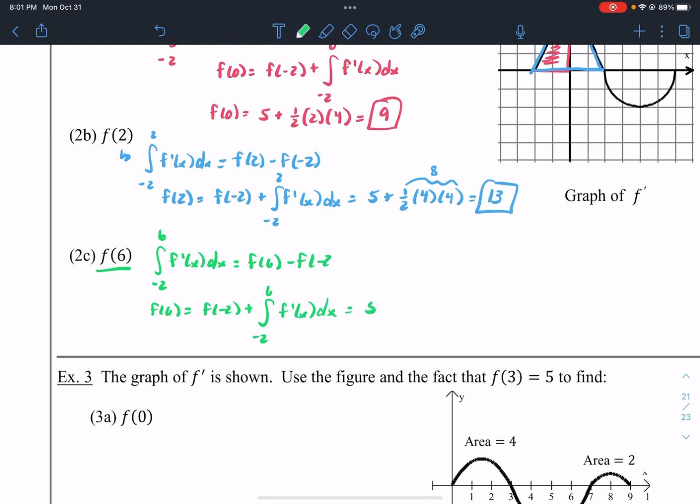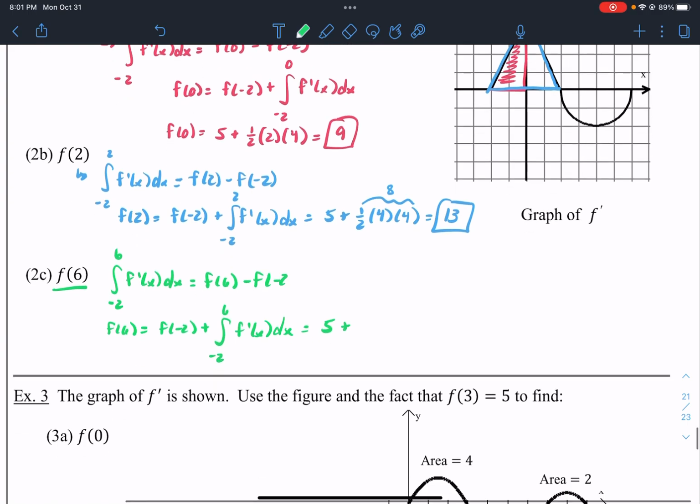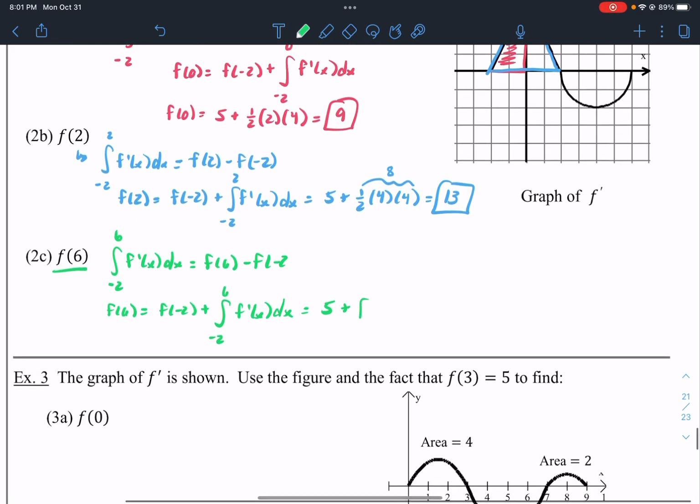I already have f of -2 is 5, and now I have to do the area part. This is where you have to use your knowledge of integration and know that this triangle is positive, but this semicircle is actually going to have a negative area to it. So I'm looking at all of this as one area, but I'm going to do 1/2 base times height, which I know is going to be 8. But then I'm going to subtract the area of the semicircle.